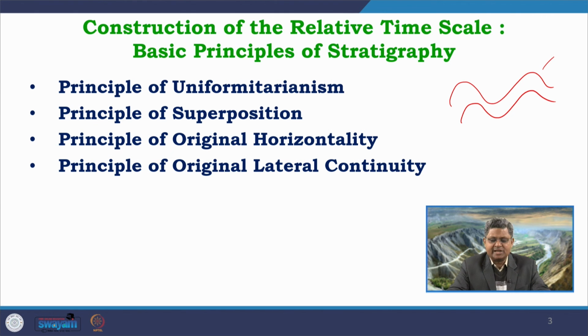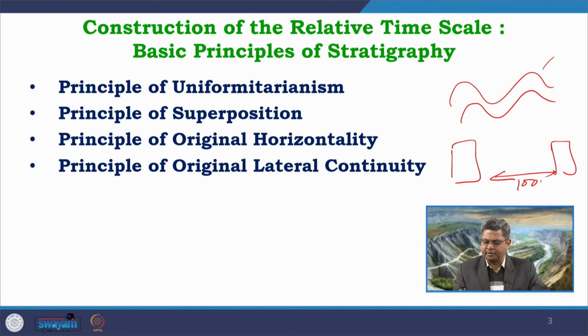The fourth one, the principle of original lateral continuity. This principle says that in a succession of strata, today maybe we are getting those strata in the outcrops or in subsection as discrete separated units, but originally when they were deposited, they were laterally continuous. So, maybe today you are getting one succession over here, another succession over here, which are laterally apart by maybe 100 meters or maybe 1000 meters. But as per this principle, these units originally were together.